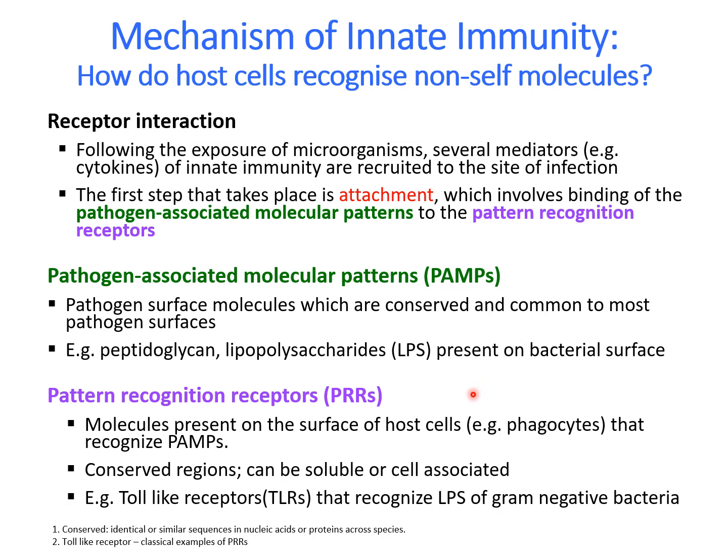The host cell receptor is called pathogen recognition receptors, PRR, which recognize PAMP. These PRR are conserved and can be either soluble, that is free-moving, or bound to the membrane of the host cells. The classical example is the toll-like receptor.